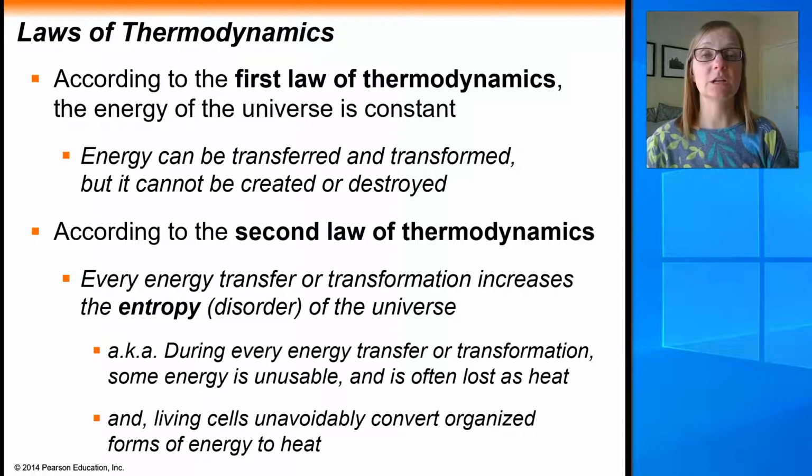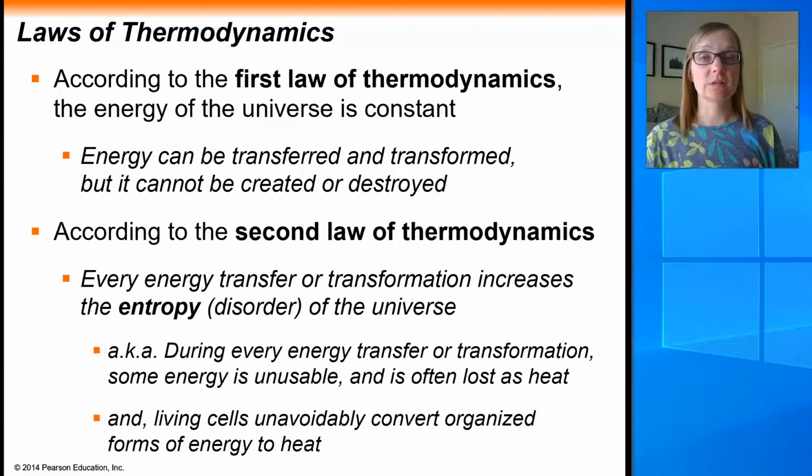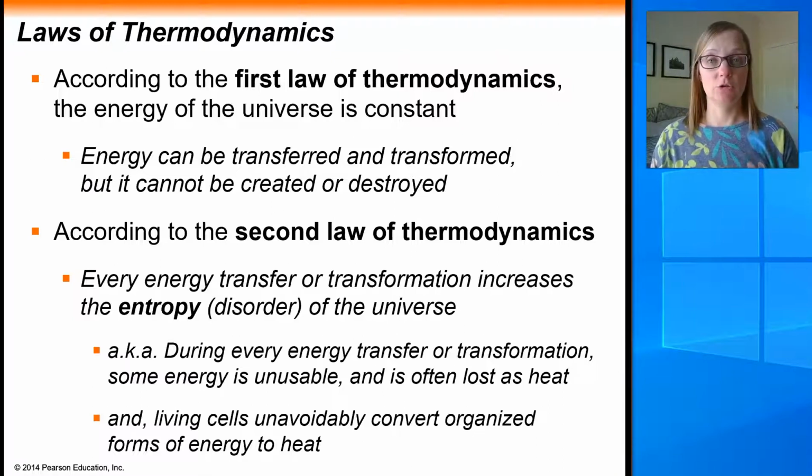So this means that you can transfer energy from one body of matter to another body of matter. You can also transform energy from one form to another form, but you cannot create energy. You cannot destroy energy. This is the same thing with matter, right? You can't create it, can't destroy it. You can just shuffle it around, right? So energy can't be created, cannot be destroyed, but you can move it around.